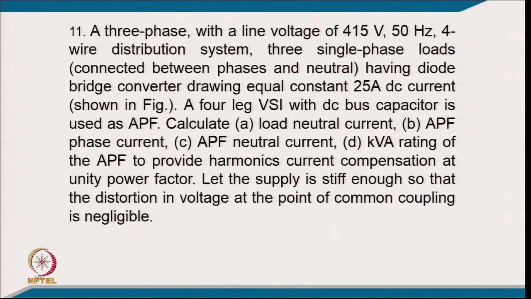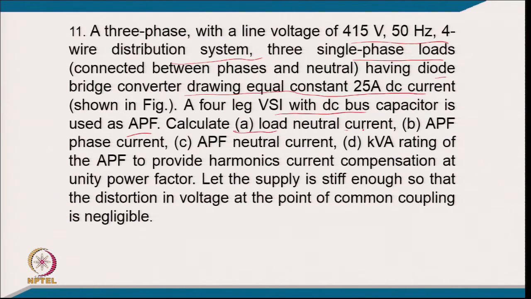Coming to numerical number 11: a 3 phase, 4 wire distribution system with a line voltage of 415 volt, 50 hertz, has 3 single phase loads connected between phase and neutral, each having a diode bridge converter drawing a constant 25 ampere DC current. A 4 leg VSI with a DC bus capacitor is used as an active power filter.